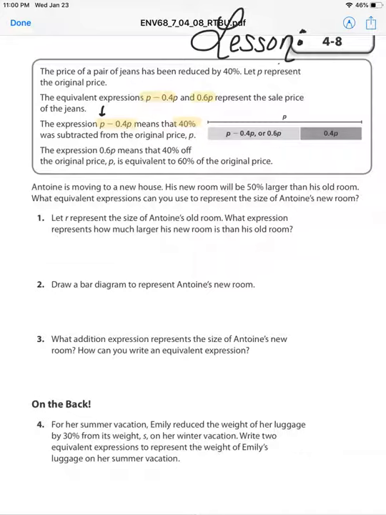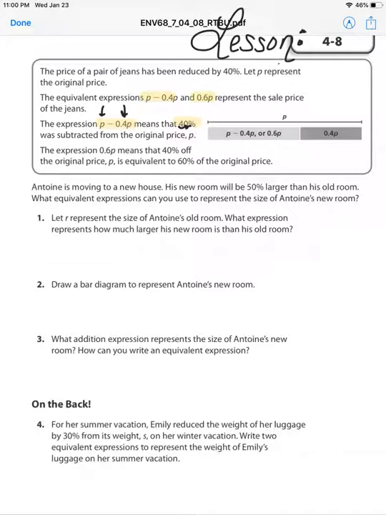And remember, to write 40% as a decimal, we move the decimal point 2 places to the left. So now it became 0.4P because we're taking 40% off the price of the jeans.